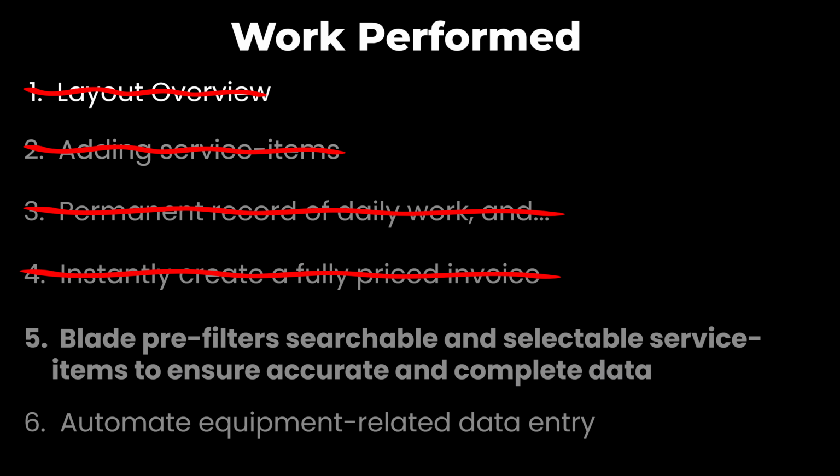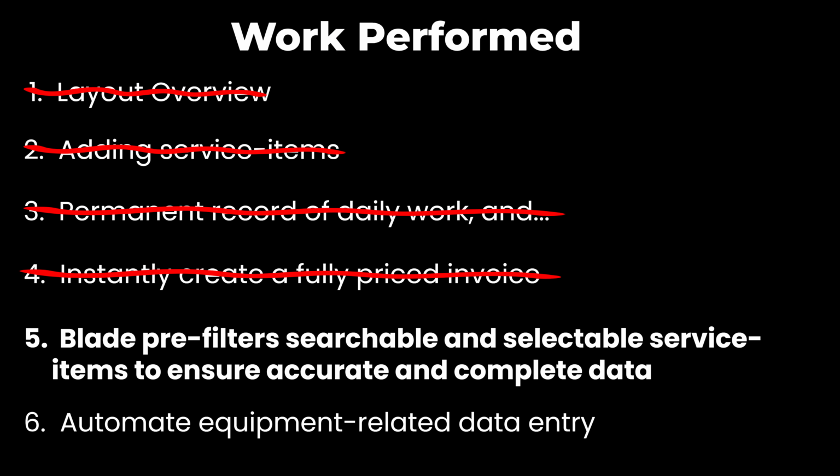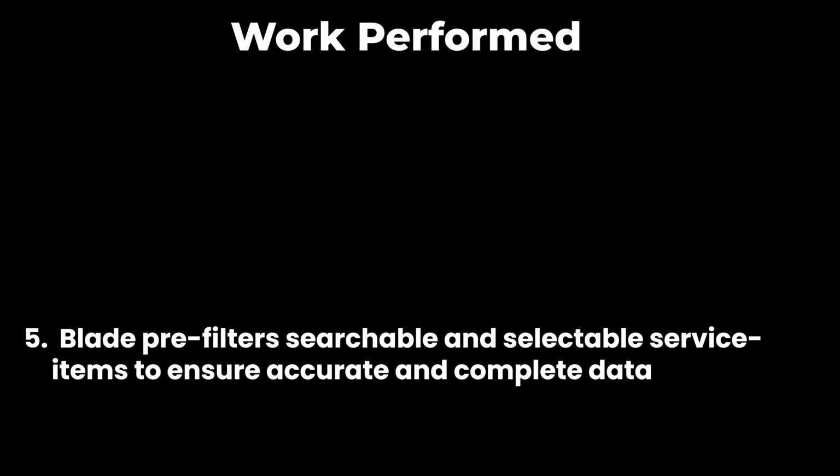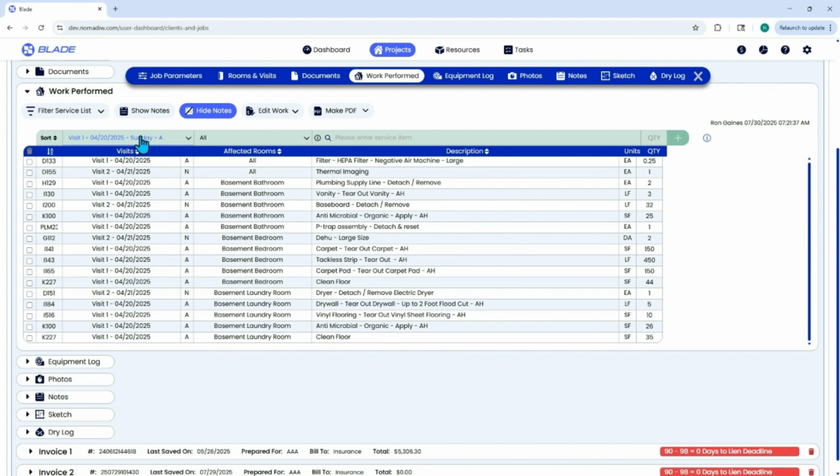Let's talk about how Blade pre-filters searchable and selectable service items to ensure accurate and complete data. Selecting a visit date as part of the entry process does more than simply log the date. The primary purpose of selecting the visit date with each entry is to eliminate data entry error.